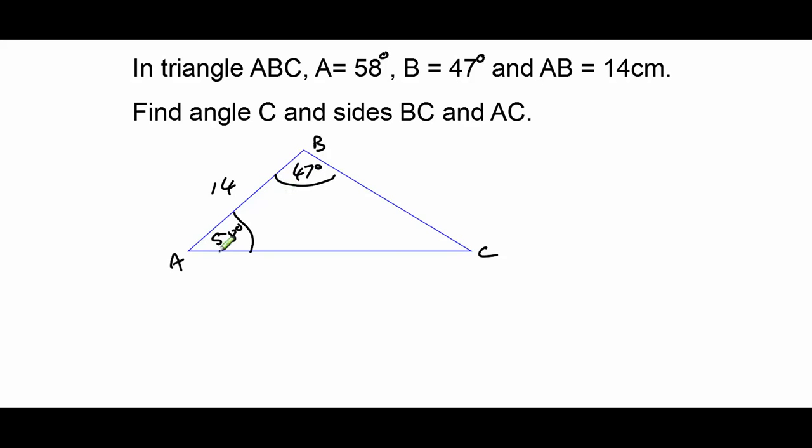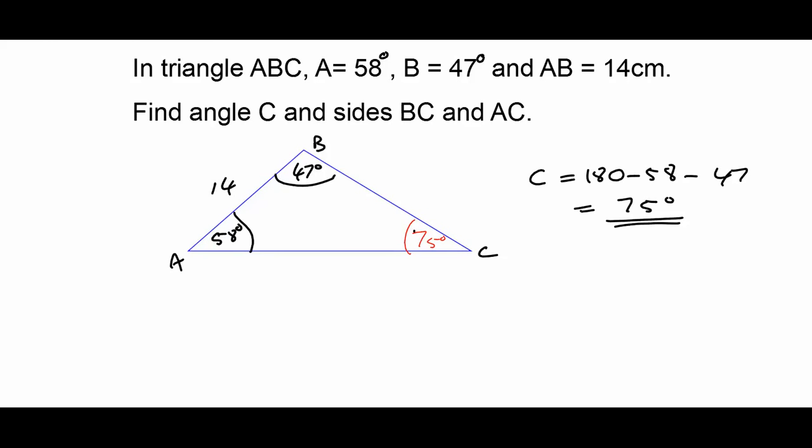Now we've got two angles, so to find angle C we need to use the fact that three angles of a triangle add up to 180, so C is 180 minus 58 minus 47, which is 75 degrees. So we can put that on the diagram, different colour, 75 degrees.